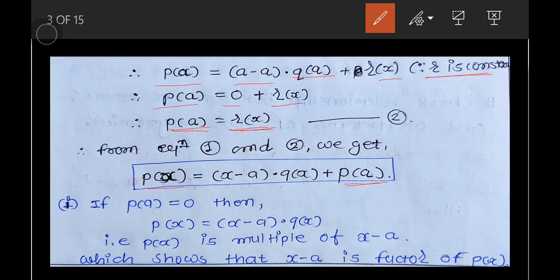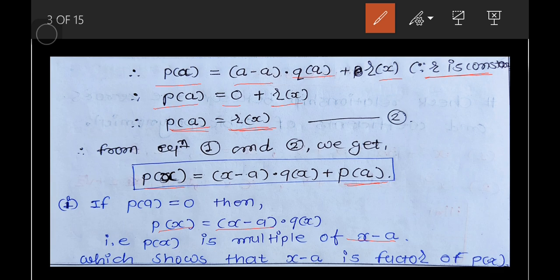Now we put p of a as 0, so here you can see that the remainder will be removed. So p of x is a multiple of x minus a, which shows that x minus a is a factor of p of x, as we studied in example number 11 in the previous lecture, that if we divide any polynomial by a linear polynomial and get remainder 0, then it is a multiple of the given polynomial.